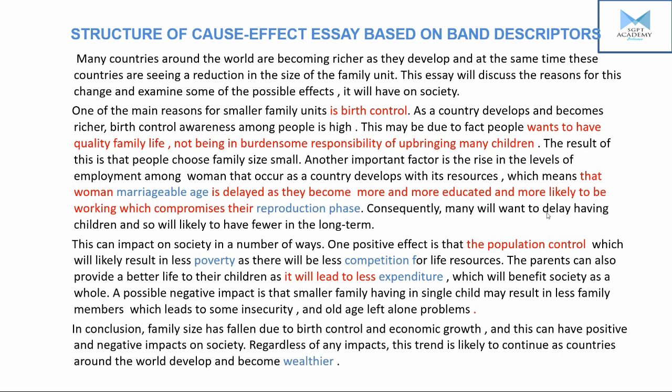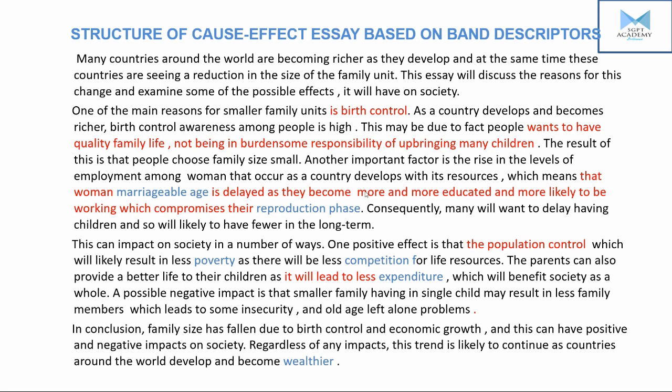Consequently, many people will want to delay having children, and so will likely have fewer in the long term. So these are the two subpoints which are given. You see the subpoints have been written in red. Okay, so to justify the reasons, this paragraph has given two subpoints.